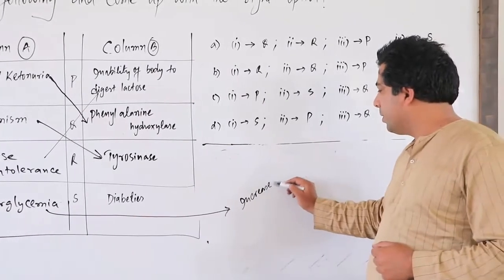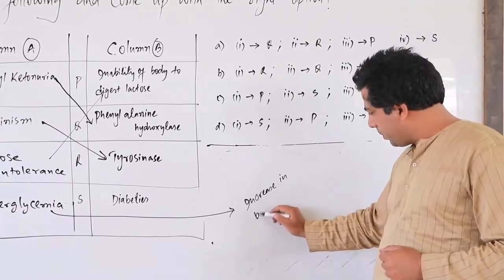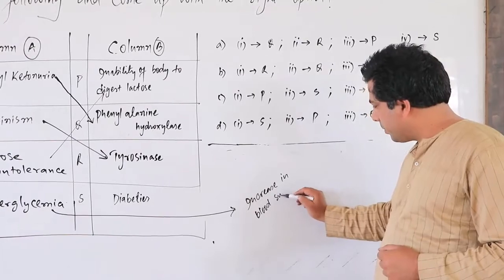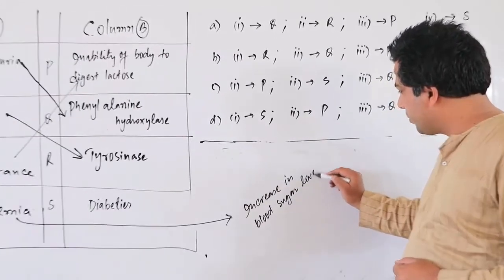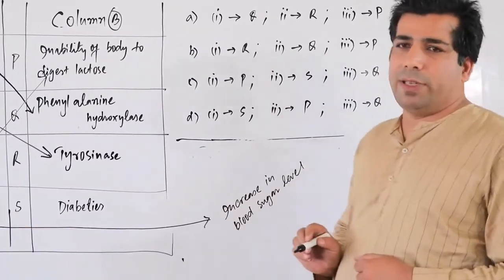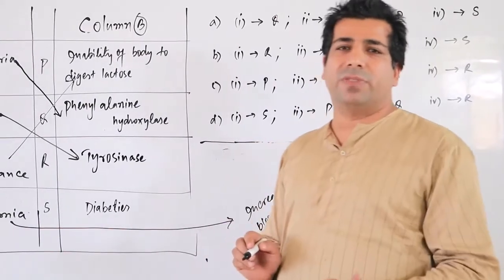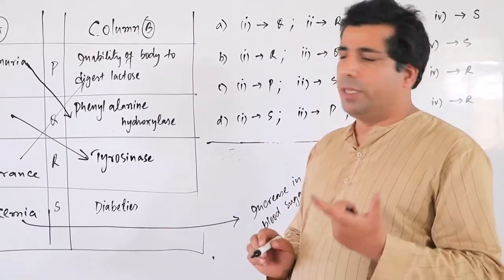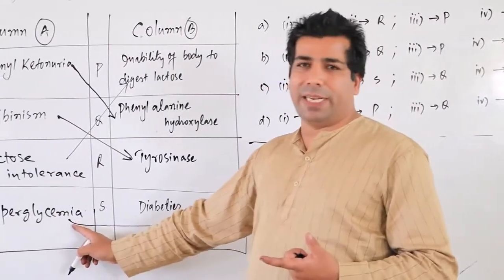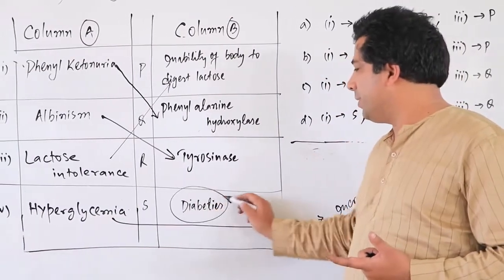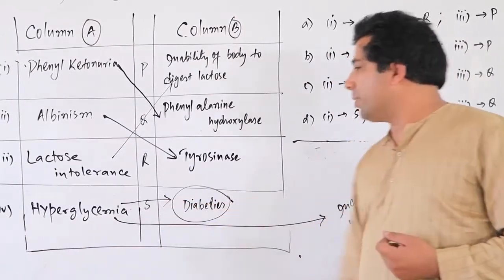Increase in blood sugar level. Okay? So the sugar level in the body or in the blood becomes very high, above normal. So that is the hyperglycemia condition and it's related to diabetes. So I hope you have understood, my dear friends.